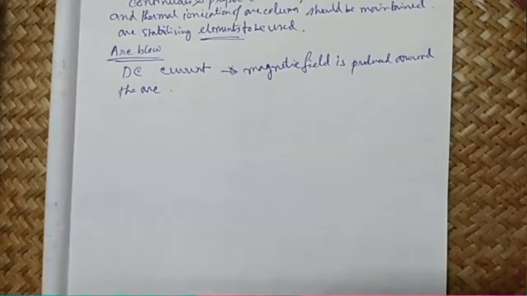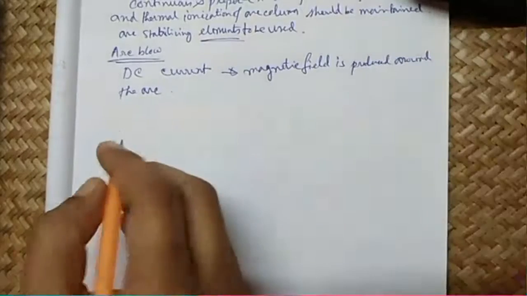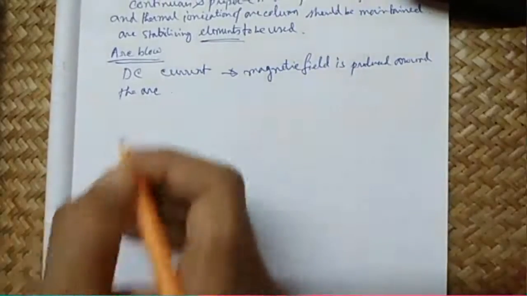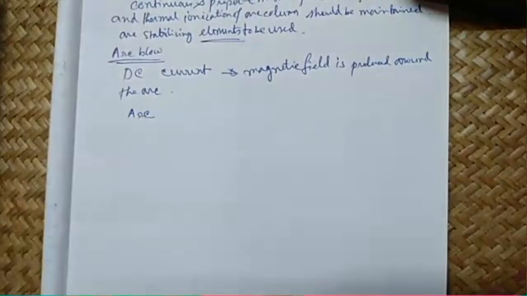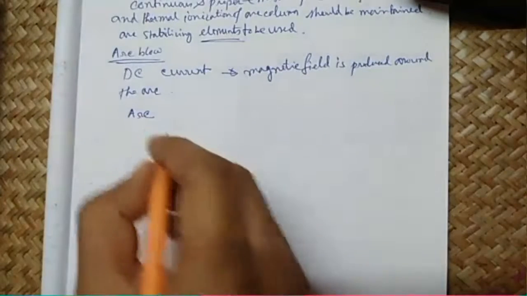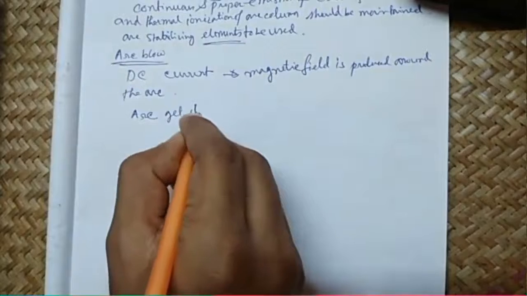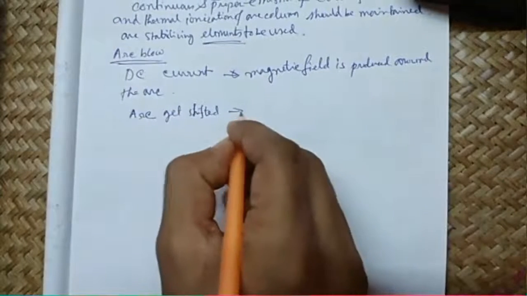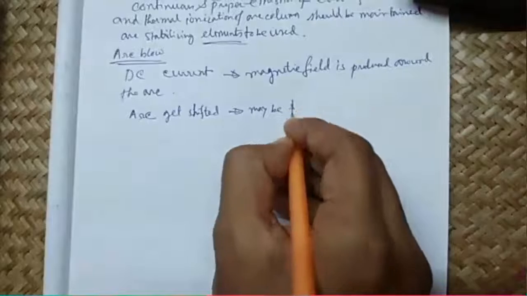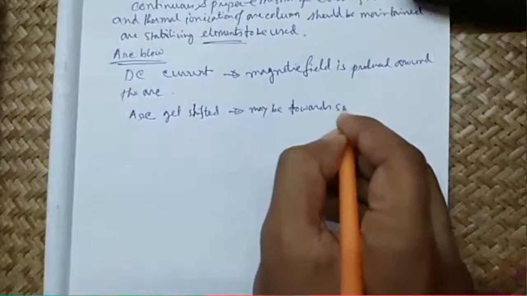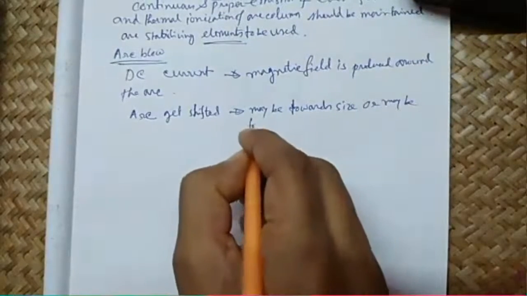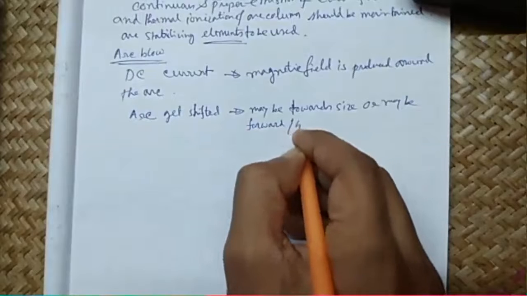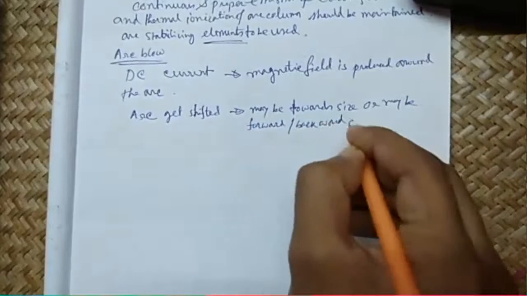So, what happens because of this magnetic field? Because of this magnetic field, the arc gets shifted. The shifting may be towards the side, or maybe in the forward or backward direction.